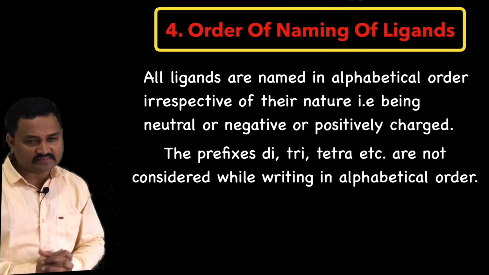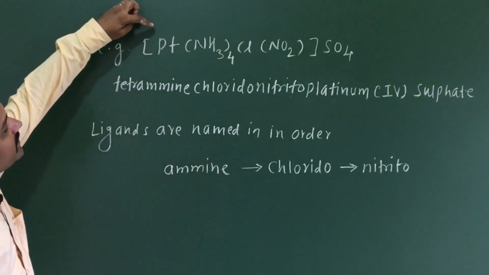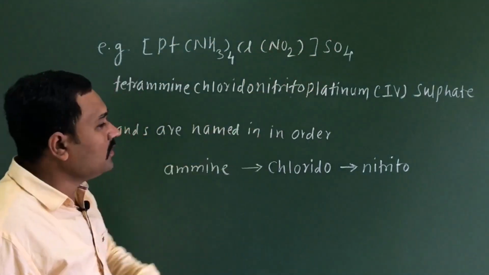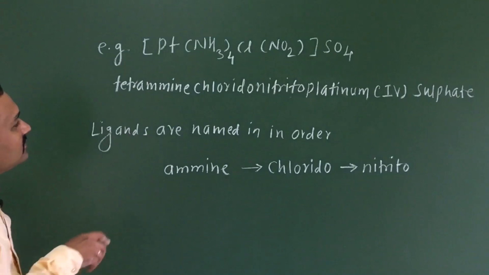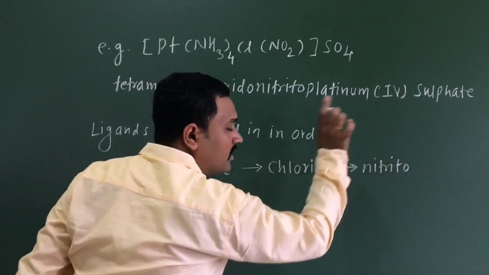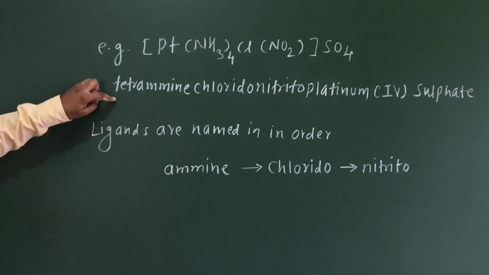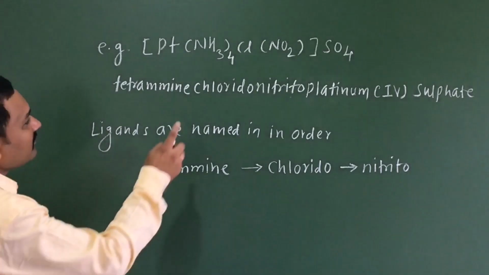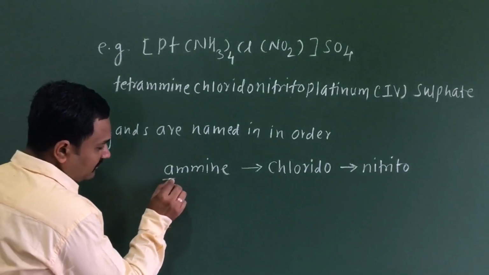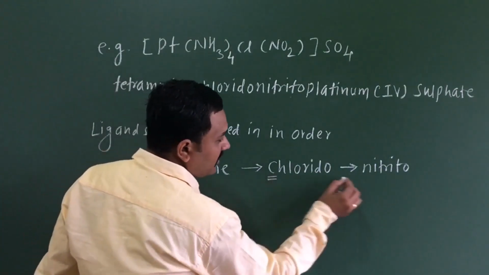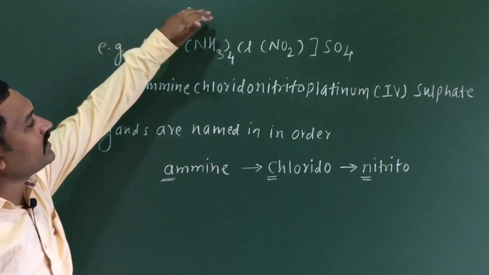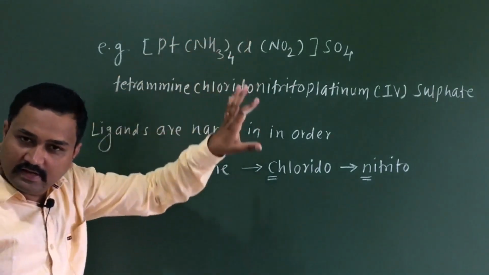So let us consider the example here. I have taken this example, that is Pt(NH3)4 Cl(NO2) SO4. So I have written its name as tetraammine chloridonitritoplatinum(IV) sulfate. So here I have considered the alphabetical order while naming these ligands, and we know that alphabetically A comes first, then C, and then N. So you have to follow the alphabetical order while writing the names of all these ligands.